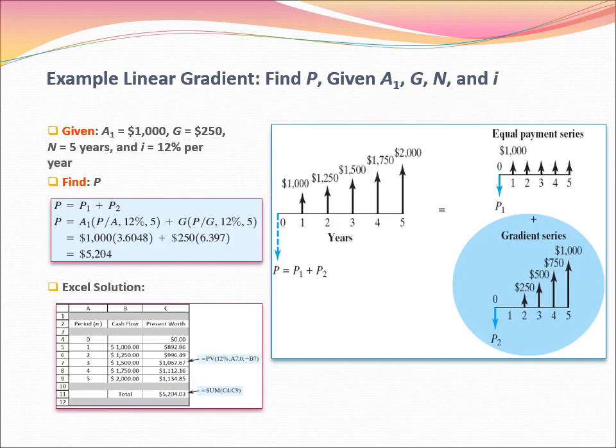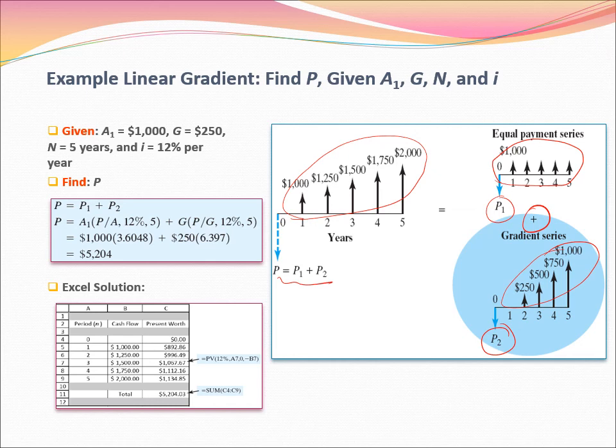Okay, so this is the solution, how we do it. We will divide this cash flow into two separate cash flows. The first one is a uniform payment series, and we want to find its present value, plus the second part will be a linear gradient cash flow series, and we will find its present value, and then we will add up these two present values.